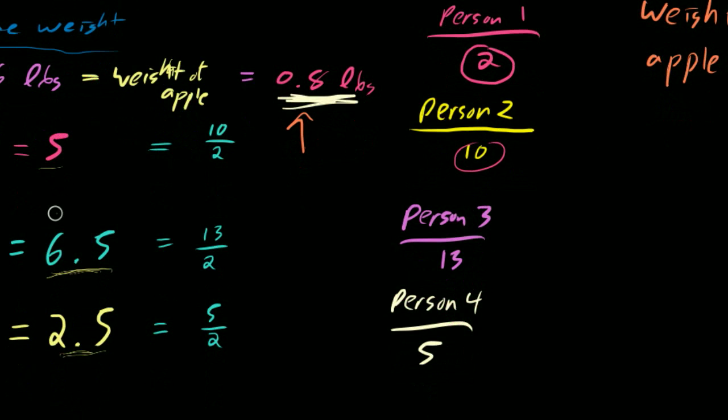We're not going to get fractions. If you remember, one person picked 6.5 apples when we had our first guess for how much an apple weighed, so we had to figure that an apple weighed half as much as we originally thought.